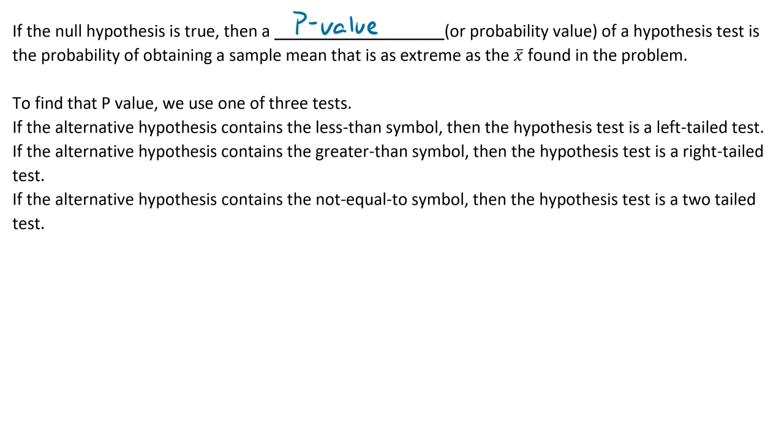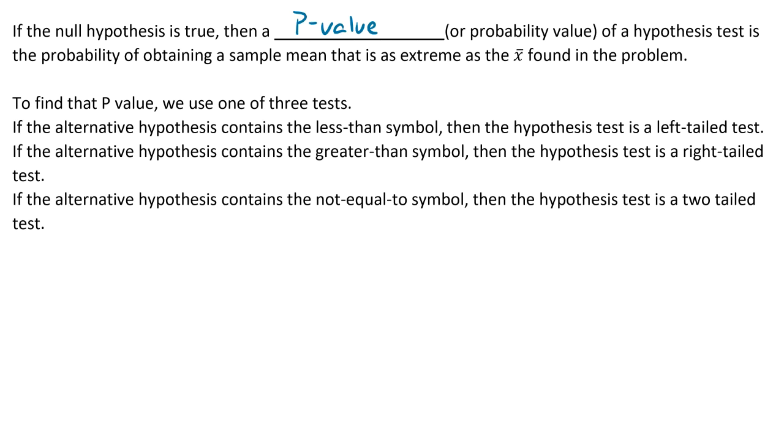All right. So, for example, if our sample mean was extremely off of the mean that they claimed, then the probability of getting a mean that's really far off like that might be really small. Right?